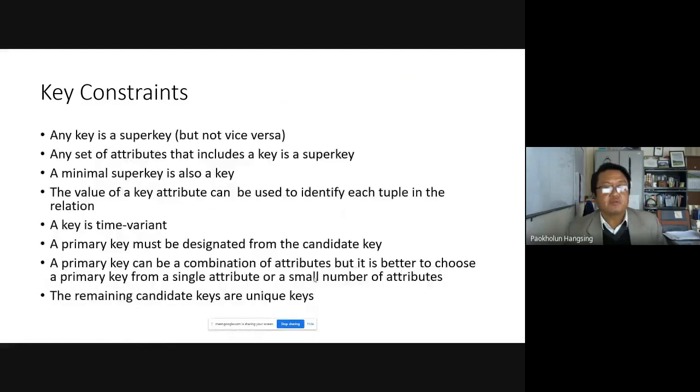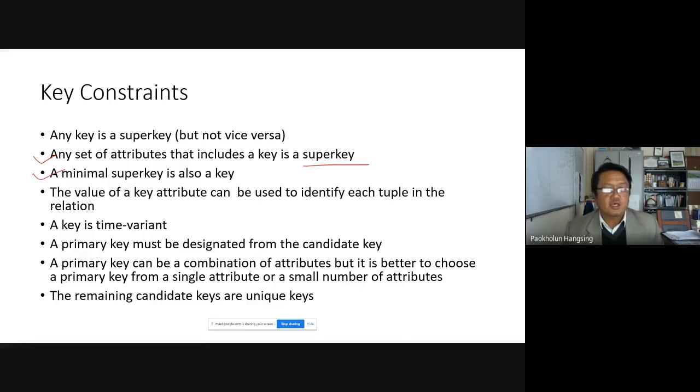So coming to the next slide, any key is a super key, but any super key is not a key. That's what we are trying to say. Any set of attributes that includes a key is a super key. Then a minimal super key is also a key.